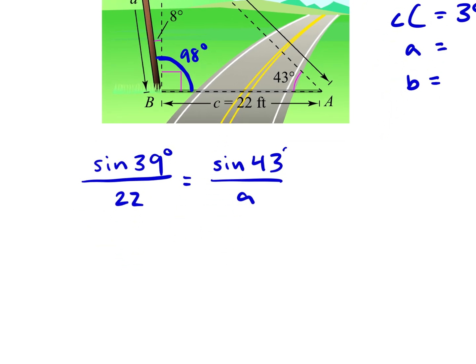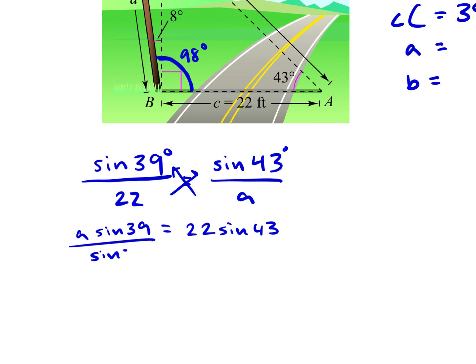Now when we solve, we're going to do the same thing we did in the last question. We cross multiply. So A times sine of 39 is equal to 22 times sine of 43. And divide by sine of 39. 22 times the sine of 43 would be 15.00.